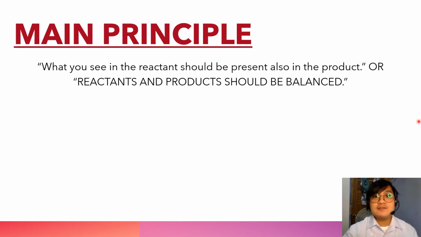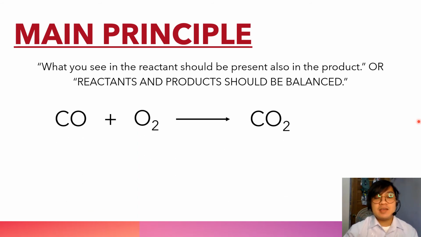So I will give some examples of chemical equations that are balanced already. We have this chemical equation: carbon monoxide plus oxygen, and the product is carbon dioxide. For us to know whether the equation is balanced, we count the elements or atoms present in the reactants and in the products.